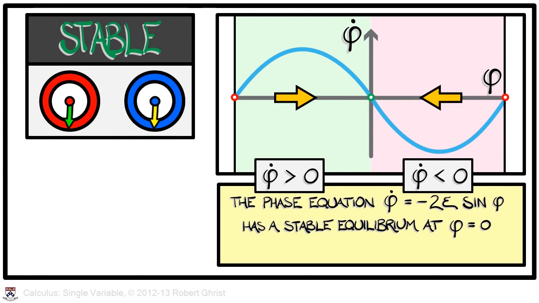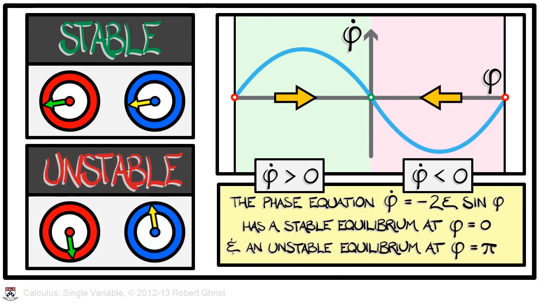That means if you have no angle difference between the two oscillators, it will remain that way. If you have a small angle difference, well, it will disappear. And as we saw from linearization, that will happen exponentially fast.